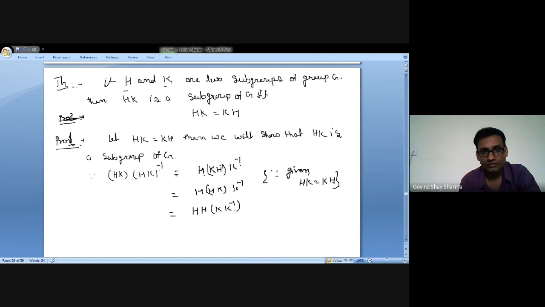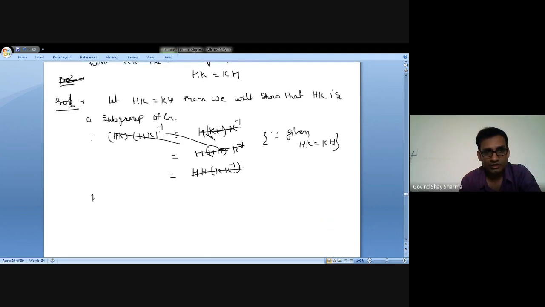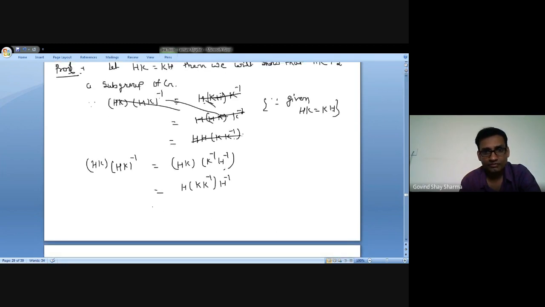Here we can take the inverse: HK inverse is K inverse H inverse.